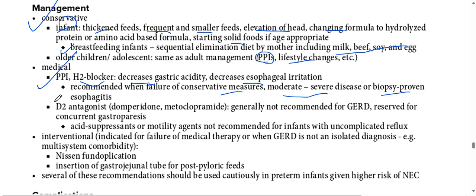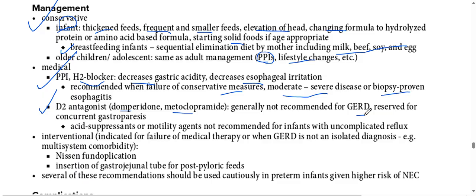Then the next thing is D2 antagonists, which include domperidone and metoclopramide. These are generally not recommended for GERD, reserved for concurrent gastroparesis.